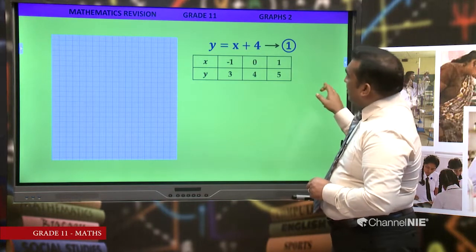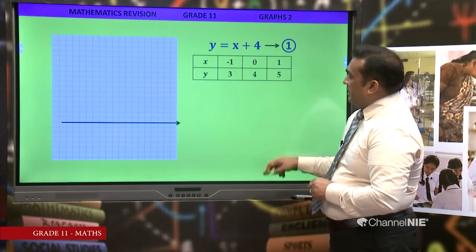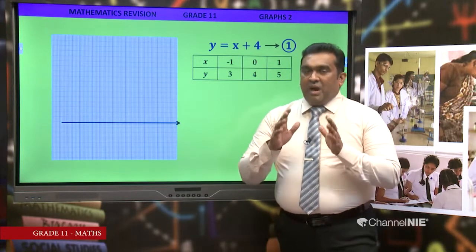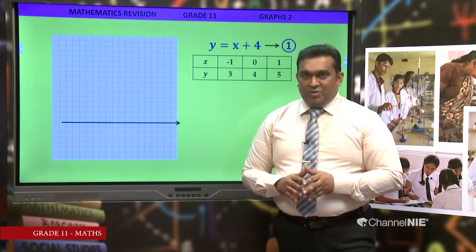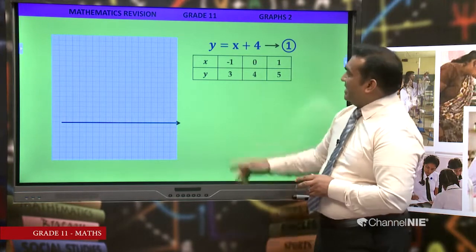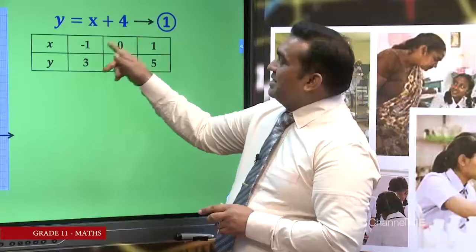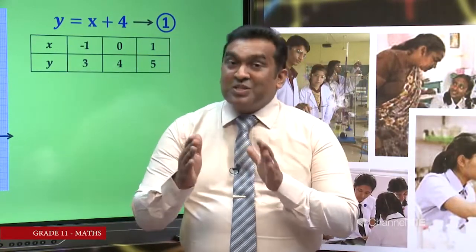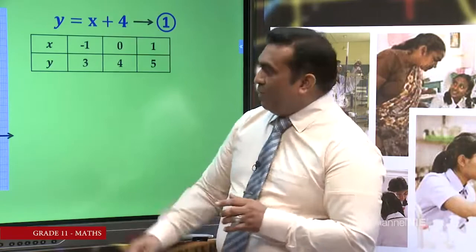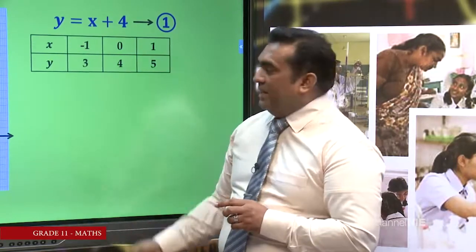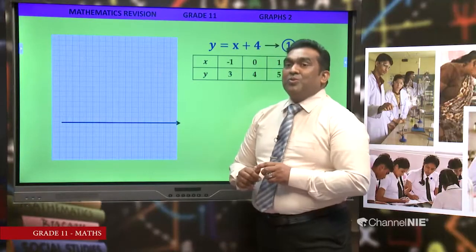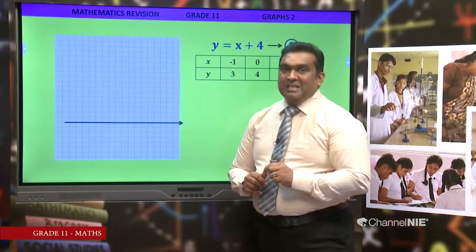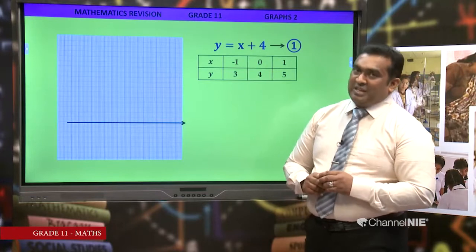Then this is your graph paper. This is your x-axis. How to select the x-axis according to the given numbers minus 1, 0, 1. If you have only positive values, then there is no need to use the negative side, that is the left hand side from 0.